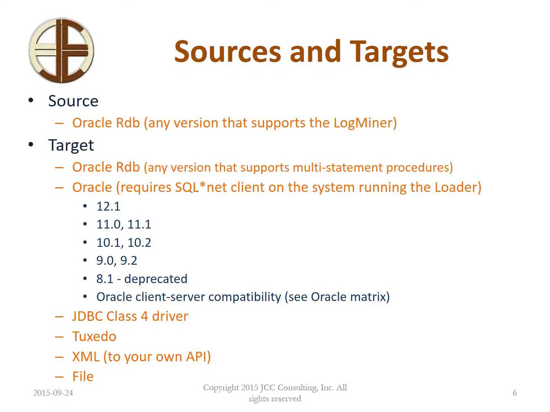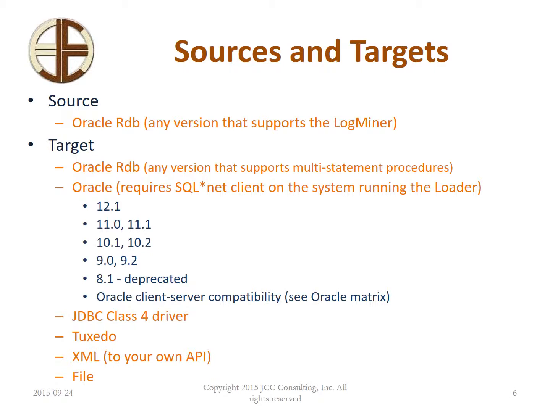The source is going to be an RDB database, and it can be any version that supports the LogMiner, which is RDB version 7.0.6.5 or later. The target can be another RDB database. It can be an Oracle database using SQLnet. It can be a JDBC target.